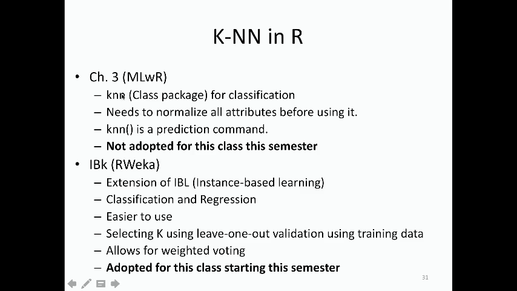Also, that knn has not been fully tested for numerical value prediction. We tried to find other options and found something that worked, but it also requires a lot of explanation for the class. So as a result, starting this semester, I'm not using this, to save some time.